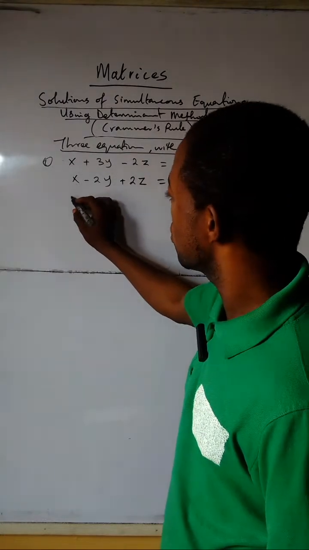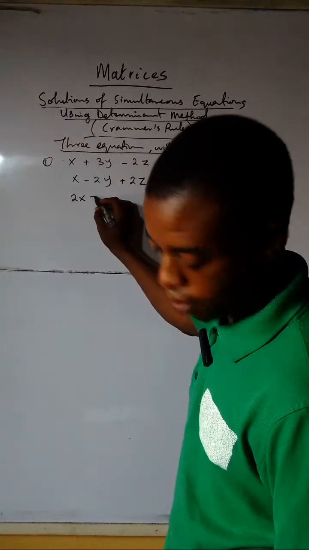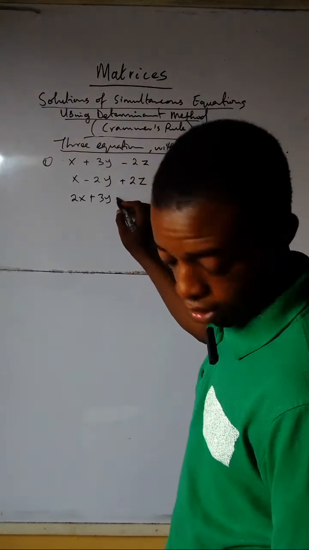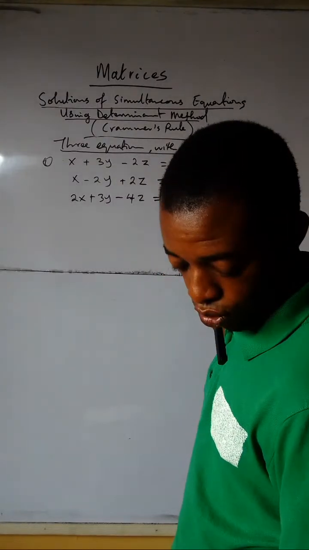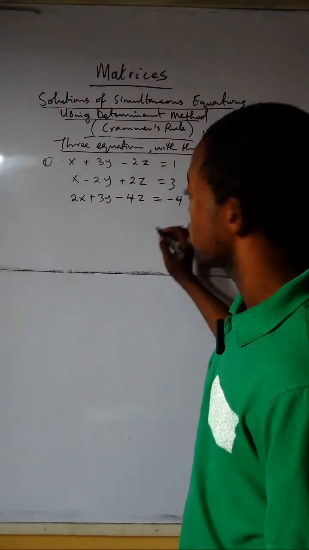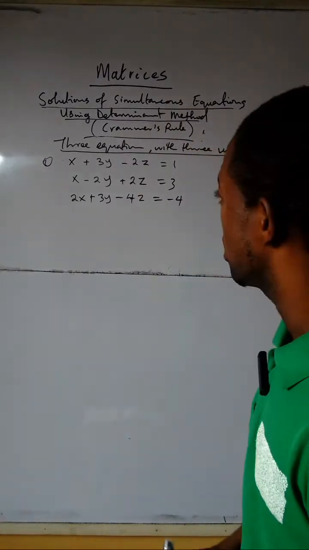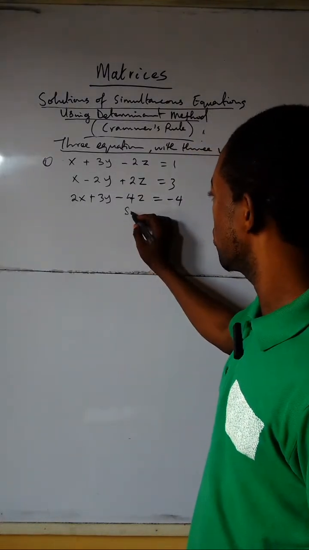Then the third equation, we have 2x plus 3y minus 4z equals minus 4. So this is the first question from here. Let's solve this first before we look at the second one.